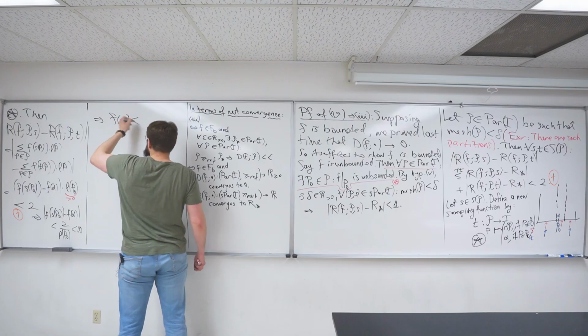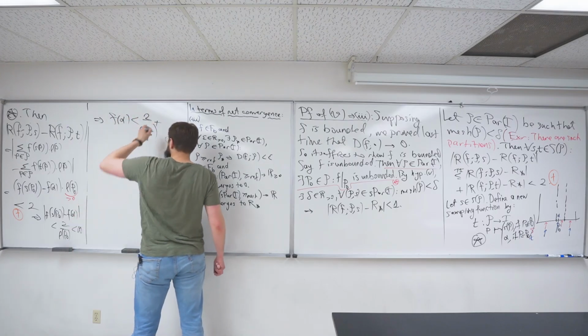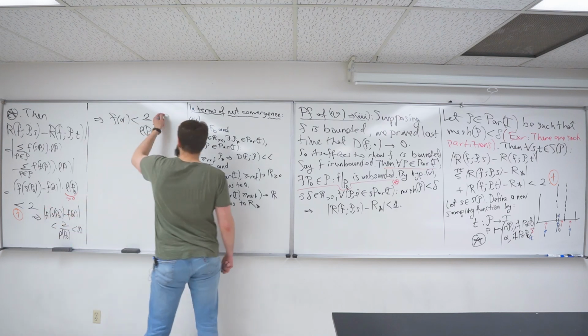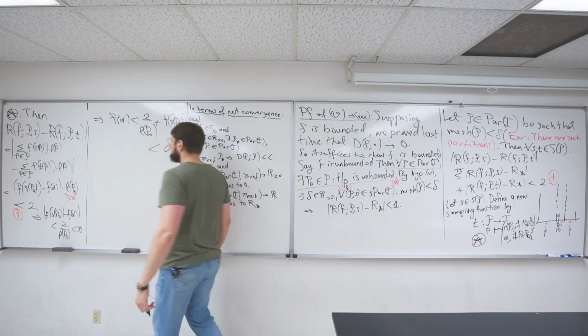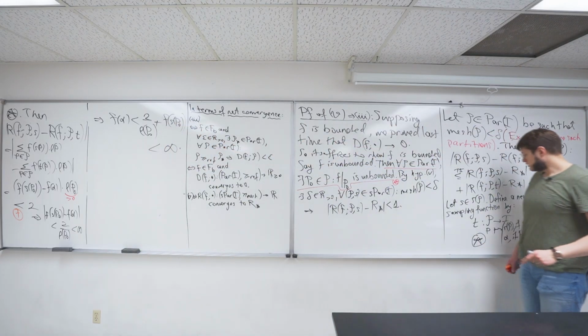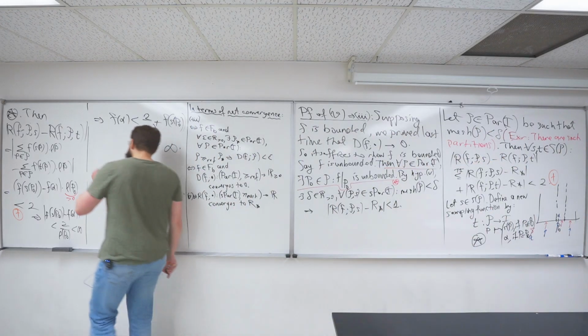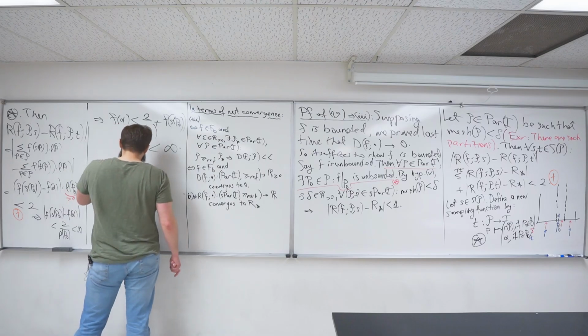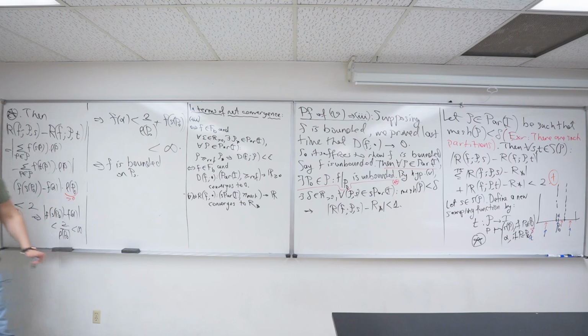F of alpha is upper bounded by 2 divided by the length of p0 plus whatever this is, which is a finite number though. But everything so far works just the same no matter what this alpha is, insofar as alpha varies within p0. Meaning, this tells me that f has to be bounded on p0, a contradiction.